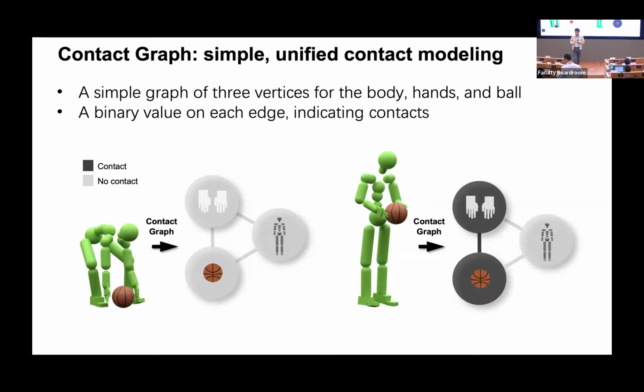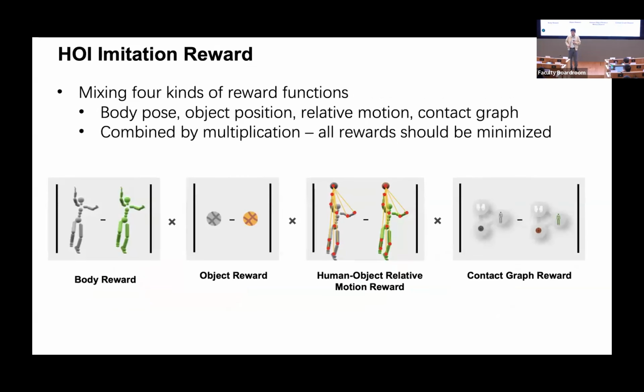And here, the dark edge means these 2 objects are in contact, and light edge means they are not in contact. Like shown on the left, in this moment, none of them are in contact, but on the right, the hands are holding the ball, and so the hand is contacting the ball. So with this kind of contact graph, we find that it is helpful to learn the policy network.